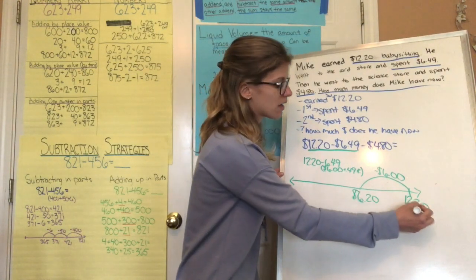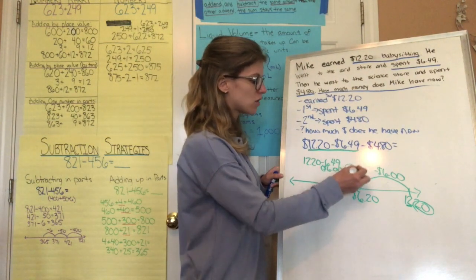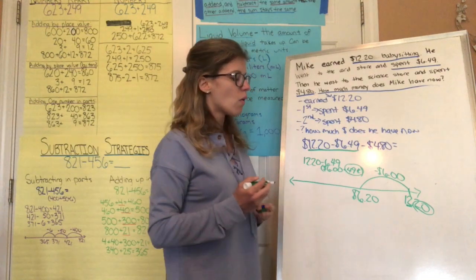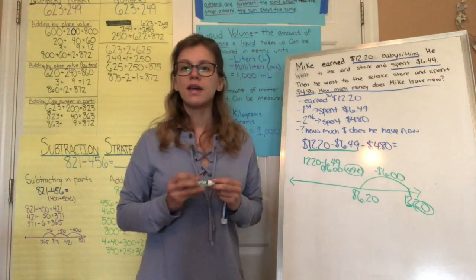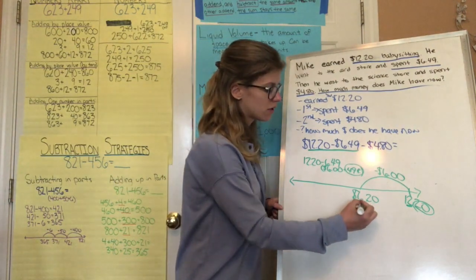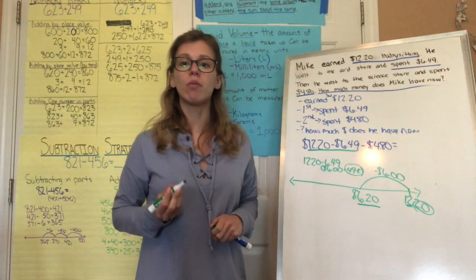I'm keeping my cents the same. And then it tells me that I need to also take away 49 cents. What way can I make this super easy and get myself to a friendly number from $6.20? What can I take away to get to a friendly number?